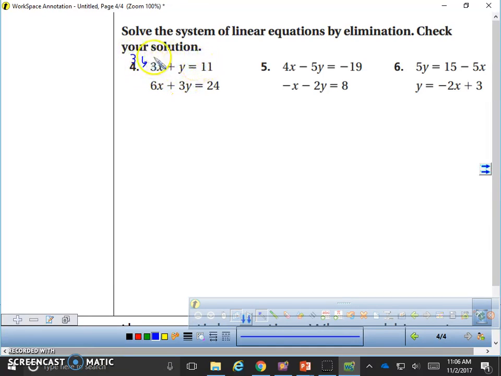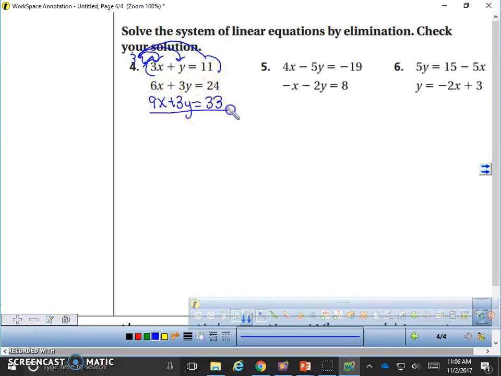Let me rewrite it. Multiply everything by 3 to keep it equivalent. 3 times 3 is 9, so 9x. 3 times 1 is 3y. 3 times 11 is 33.